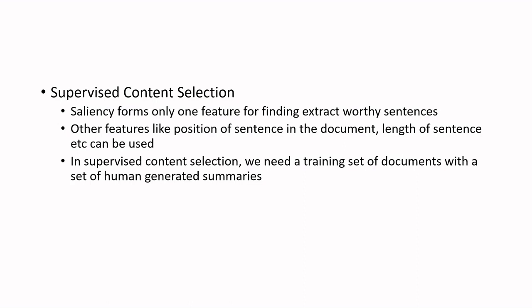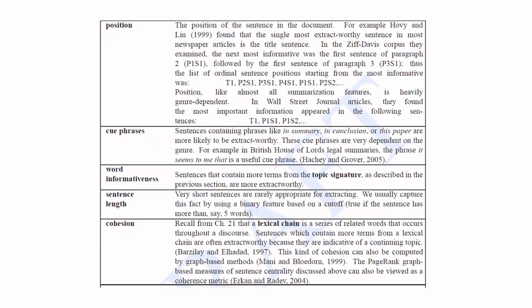And we need a training set of documents with a set of human-generated summaries. When that is available to us, then we can use any sort of machine learning algorithm, like say Bayes or decision tree, for generating the summary.